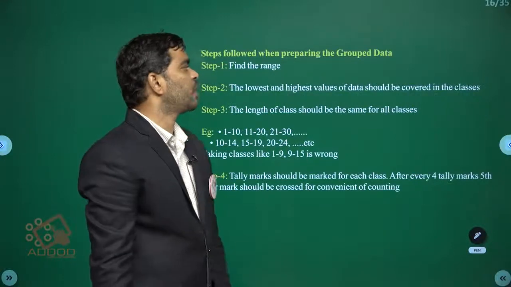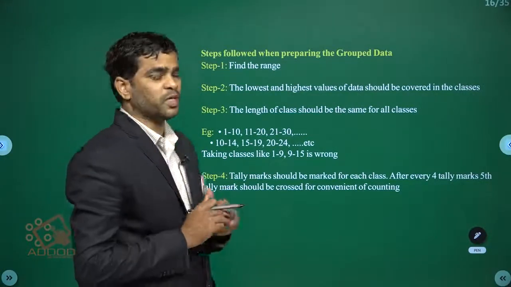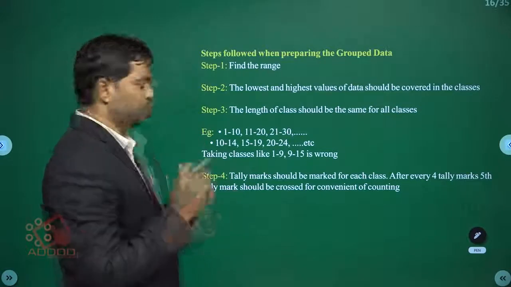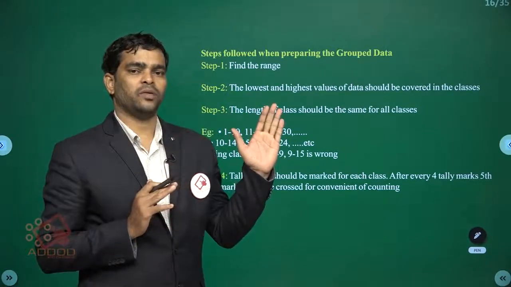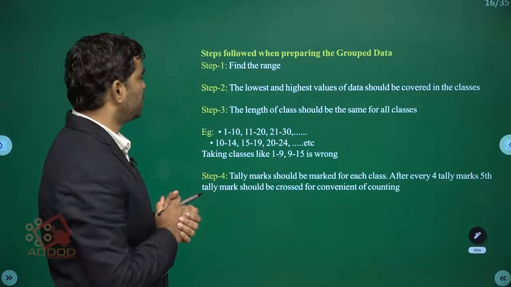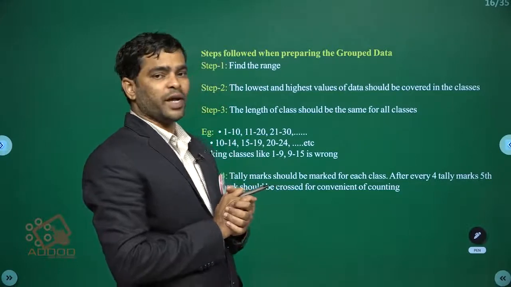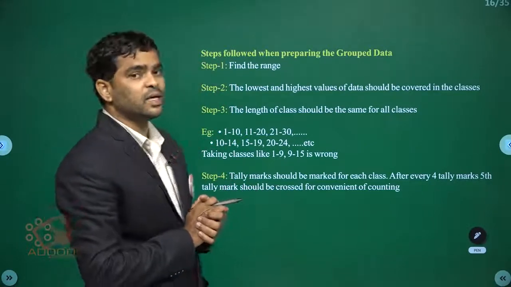Steps followed when preparing grouped data. First, find the range, that means the highest value minus the lowest value. Step 2, the lowest and highest values of the data should be covered in the classes.